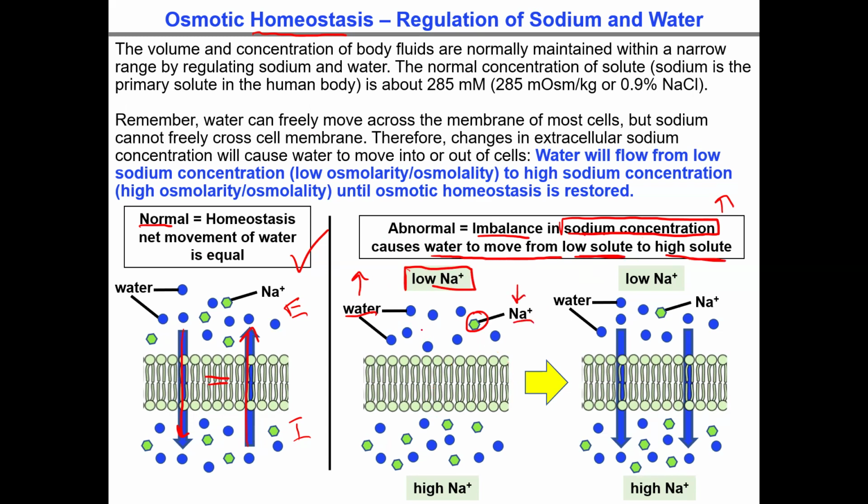So in this case, what's going to happen is we're going to take all of these waters and we're going to move them to the area of high, in order to dilute this down so we can have more of an equalized sodium content. So again, you can see we have our net movement moving down in order to increase the water concentration here, causing an equilibrium.